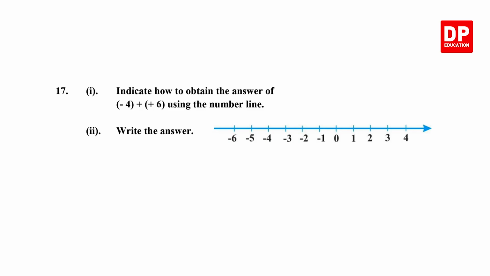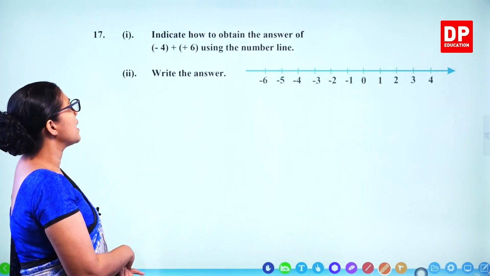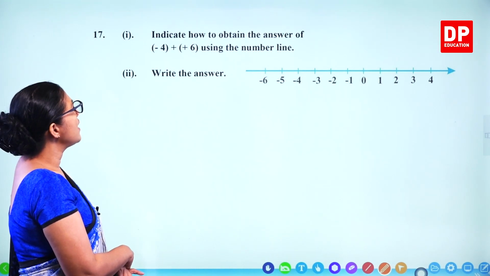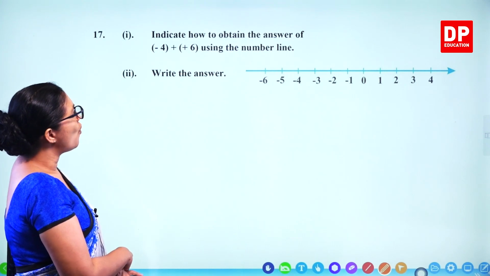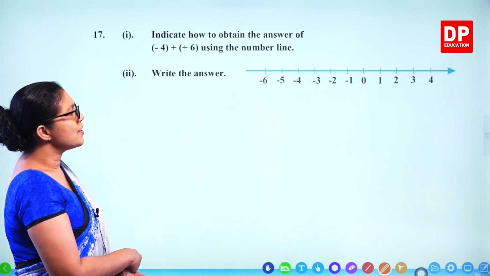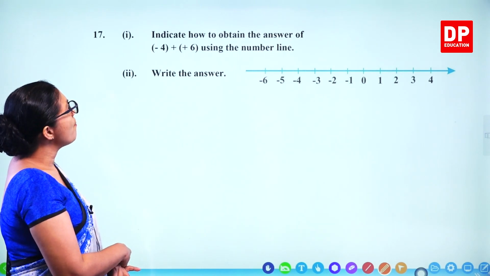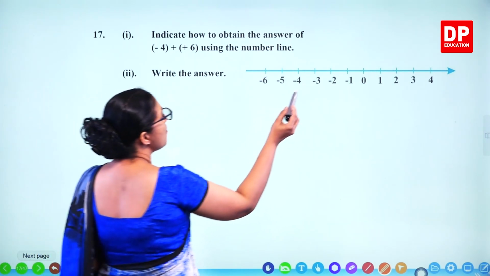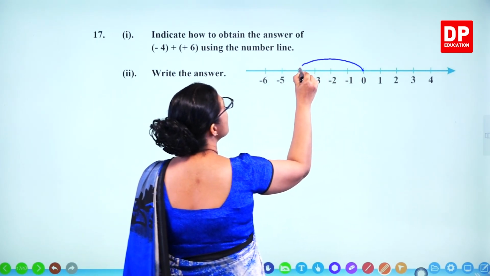Question number 17. Indicate how to obtain the answer of -4 plus 6 using the number line. Write the answer. How do you represent -4? You can start from 0 or you can start from -4. I'll show that with -4. Starting from 0, 4 squares to the left.